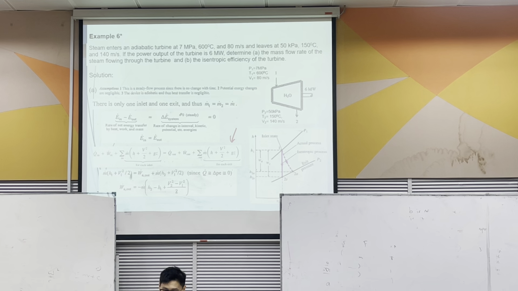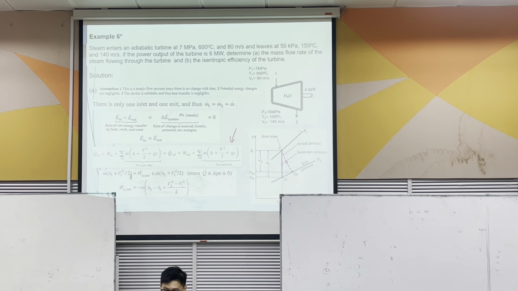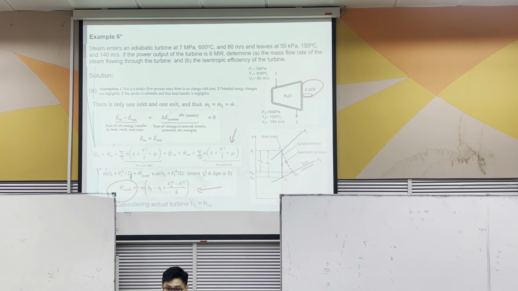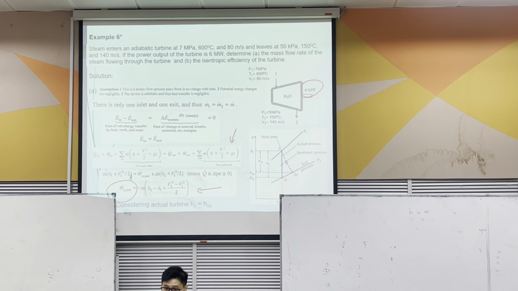So here, we cancel off the Q. You move things around, then you are left with this equation. Work out is given to you, then you can find H2 and H1 from the table. The velocity is also given to you.